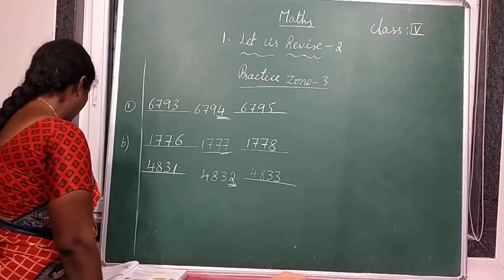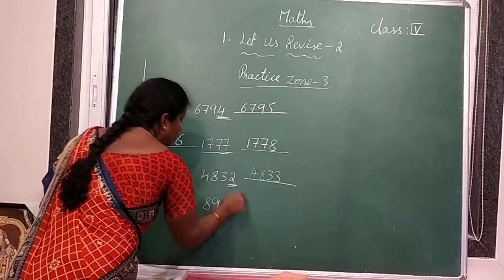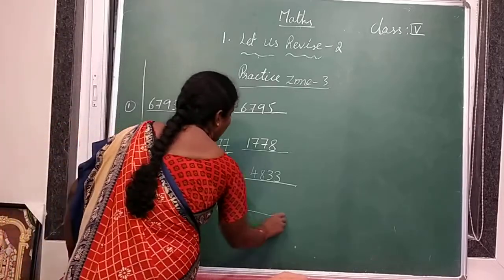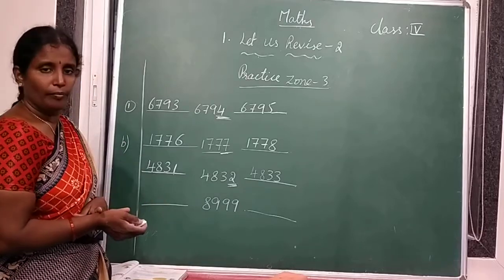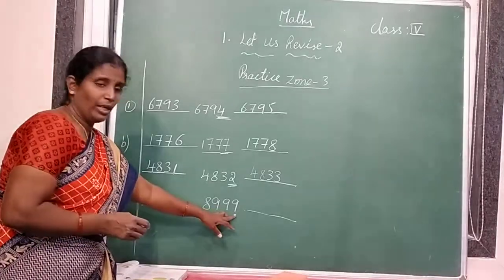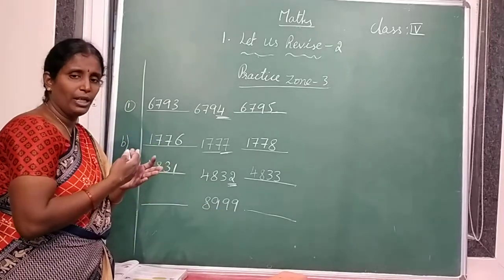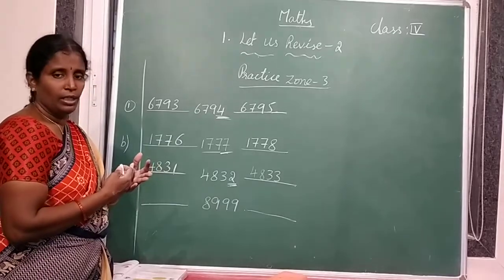And the last one, 8999. What is the predecessor of 8999? We can write it easily. We have 9 in the ones place. Which number comes before 9? 8.